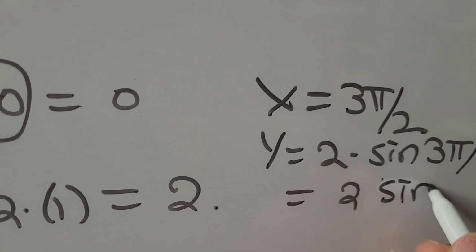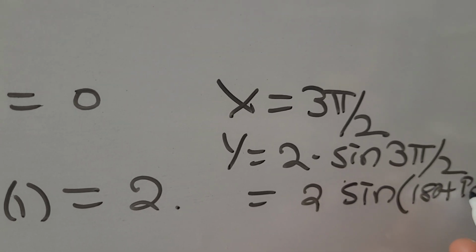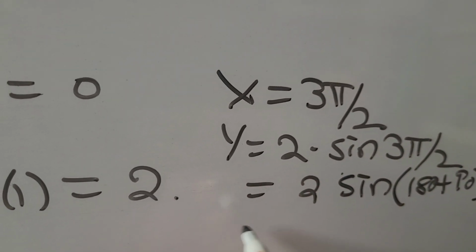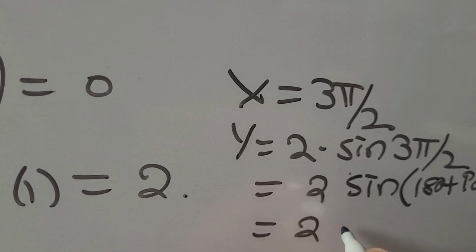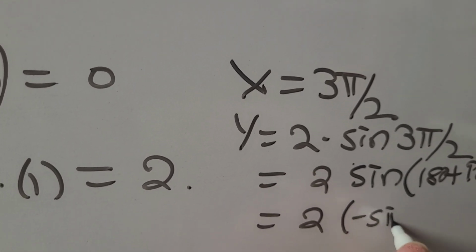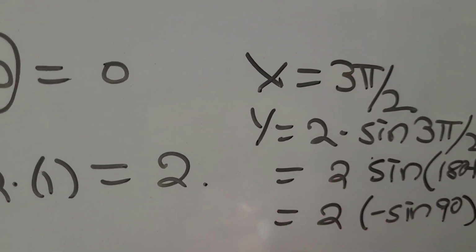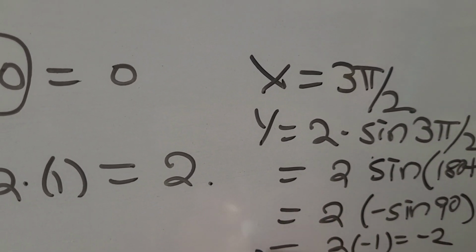So it can be written as sine of 180 plus theta, with theta equal to 90. So 2 times sine of 180 plus theta is minus sine theta, which is minus sine of 90, which is 2 times minus 1, which is minus 2.